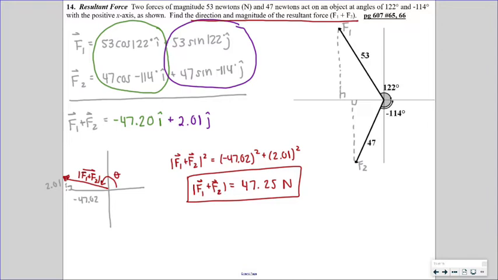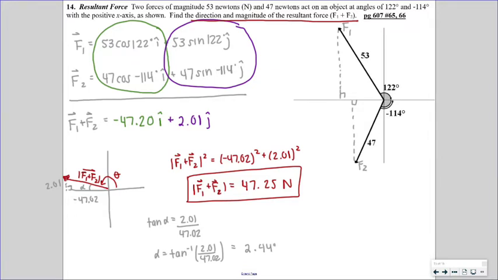And then the last thing we need is the direction here. There are different ways you can go about doing it. We have a right triangle. I'm going to use the tangent and solve for this angle on the inside. So the tangent of alpha is equal to opposite over adjacent, and I'm just going to use the positive value here and work it out. So alpha is equal to the inverse tangent of all of that. Getting a really small number, right? 2.44 degrees.